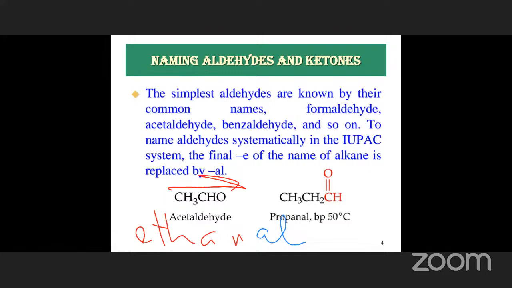Okay? Now, you can see the next one there. It follows. It's been highlighted. Here, if you count the carbon atoms, this is 1, 2, 3. Okay? So there are 3 carbon atoms. N is equal to 3. That's propane. N is equal to 3 is propane.